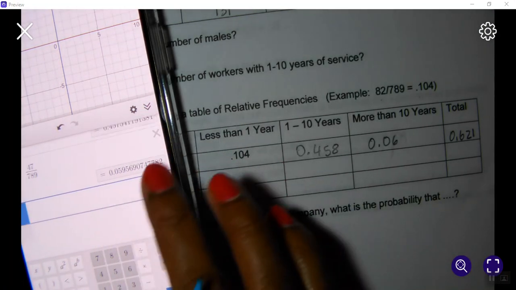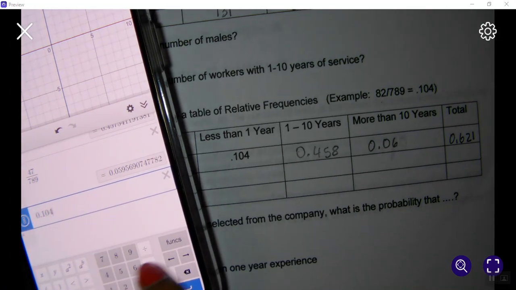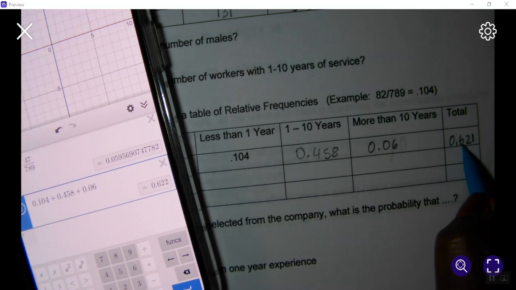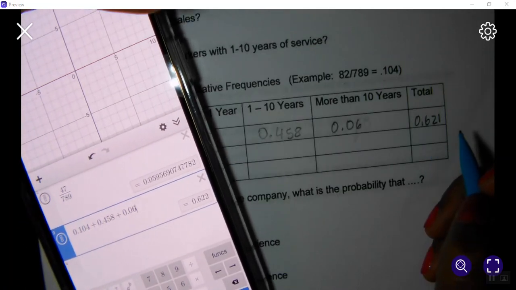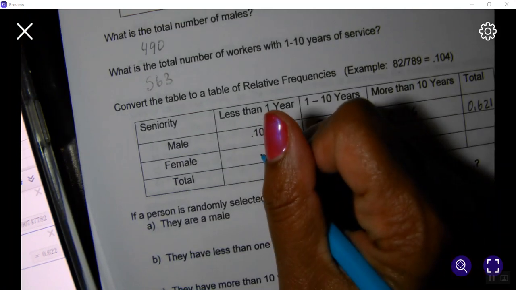Let's see. It's 0.104 plus 0.458 plus 0.06, you should get around the same. And we kind of did. Okay. Almost the same. Okay, so we'll just keep going with this.